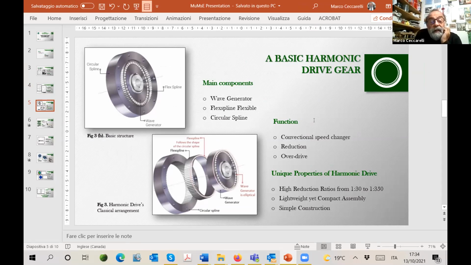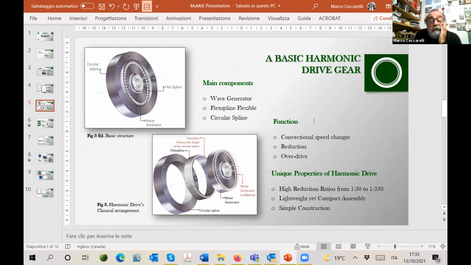The flexible spline is the component that can be flexible, in the sense that it can be engaged with the circular spline, which is rigid. The peculiarity is that the circular spline and the flex spline have a number of teeth that differ by 2 or 3 teeth.